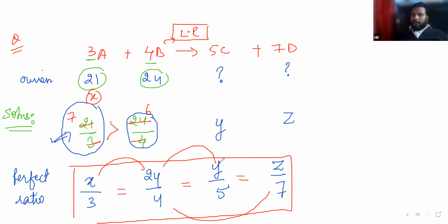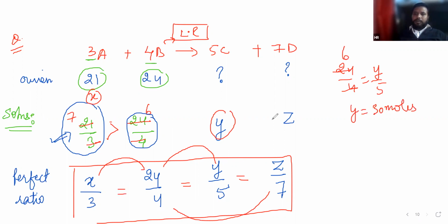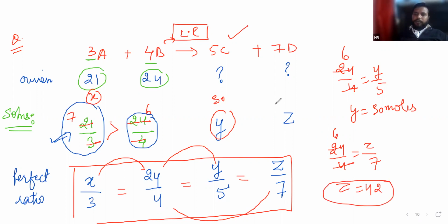What is the number of moles of C formed? 24 by 4 is equal to Y by 5, so Y is equal to 6 times 5, which is 30 moles. Here 30 moles of C is formed. Now 24 by 4 equals Z by 7, so 6 times 7 is 42. That means the number of moles of D formed will be 42.